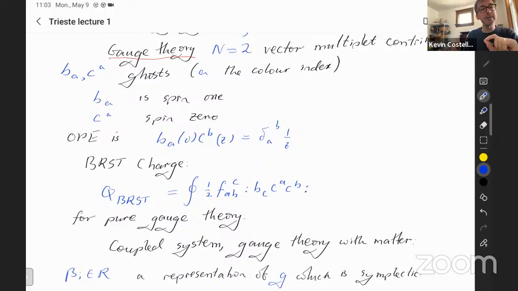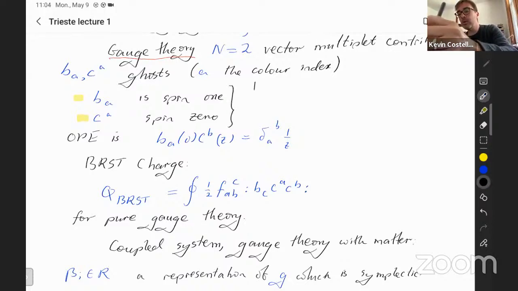Although, in contrast to the bc ghosts of string theory, these are ghosts that implement gauge symmetry. They're not ghosts that implement the diffeomorphism invariance of the worldsheet. So the bc ghost consists of b_a, which is a spin 1 field, and c^a, which is spin 0.